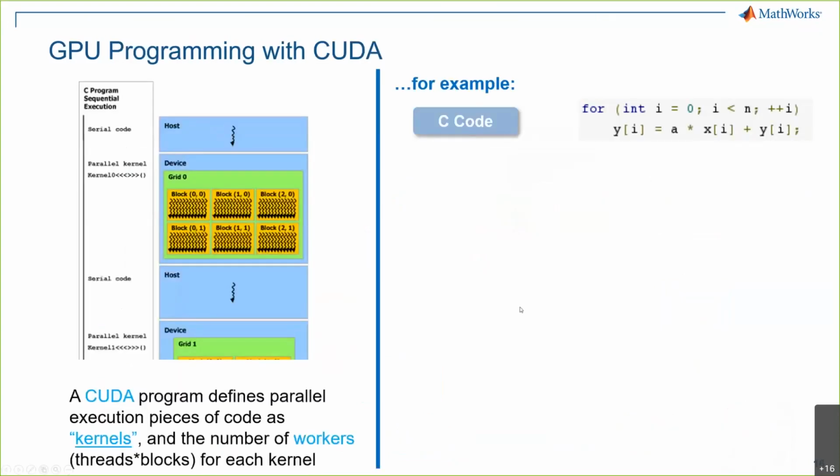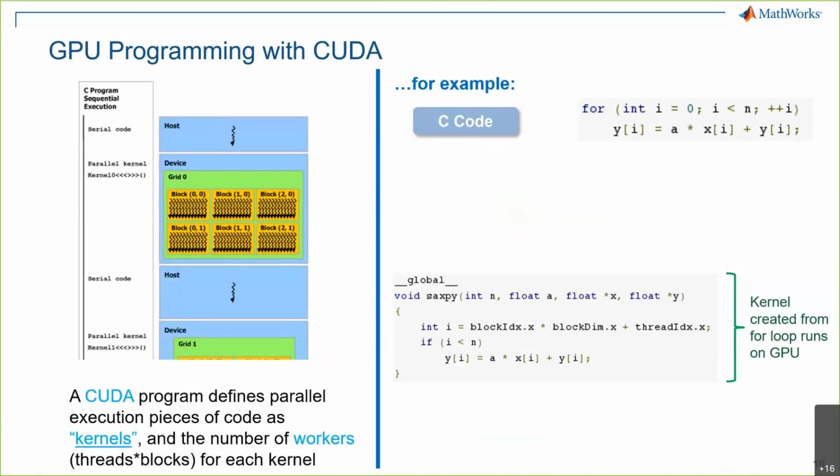So that being said, GPU programming is very similar to C++ and CUDA programming. When I say CUDA, it is very similar to C and C++ programming. The difference is that we define an architecture which is called a kernel.